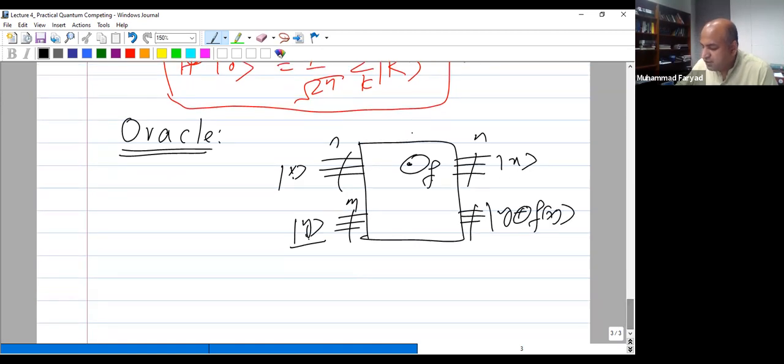So we implement this oracle in such a way that the x inputs go out to the outputs as they are, but the y inputs are XORed with the function f of x.